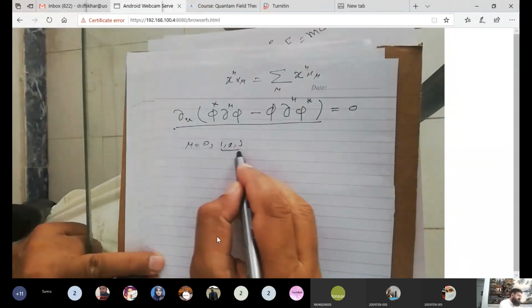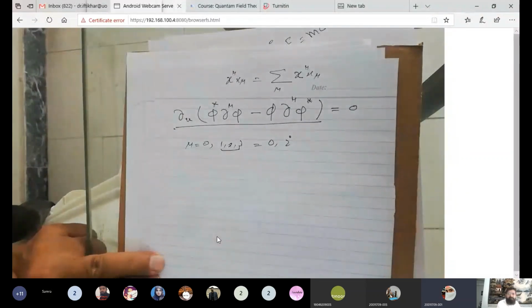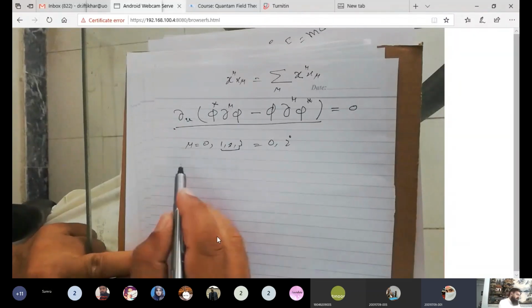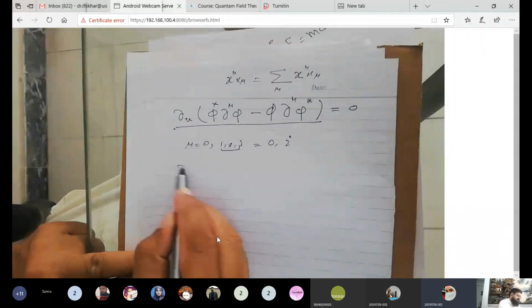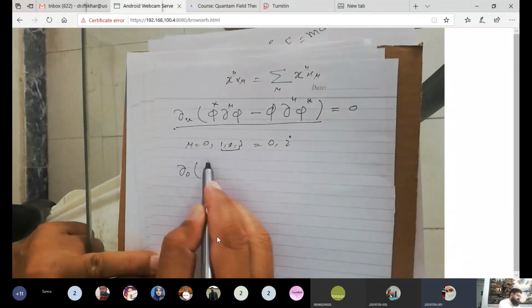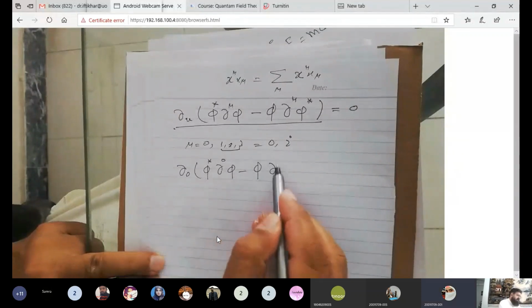So you put this equal to 0 and i, where i is equal to 1, 2, 3. What is the value when you are putting this summation?